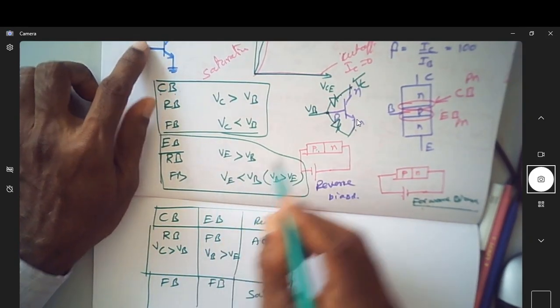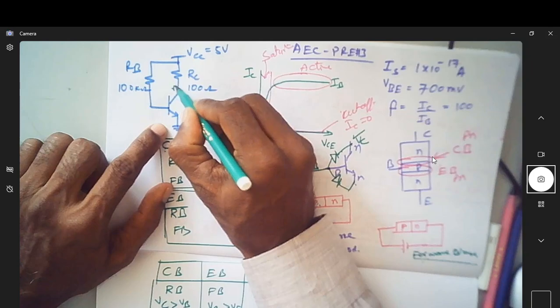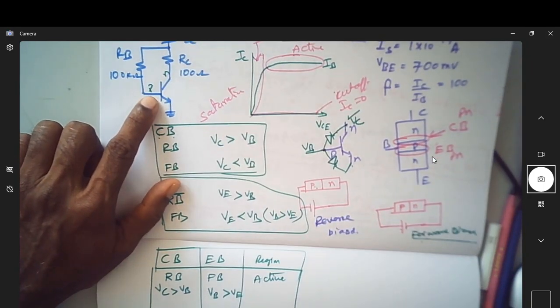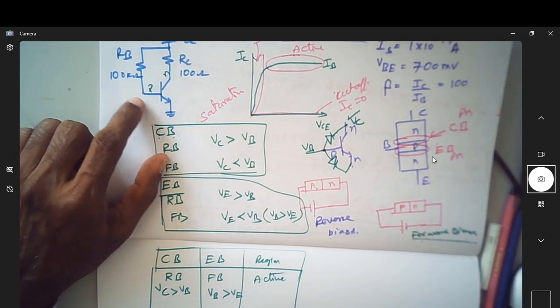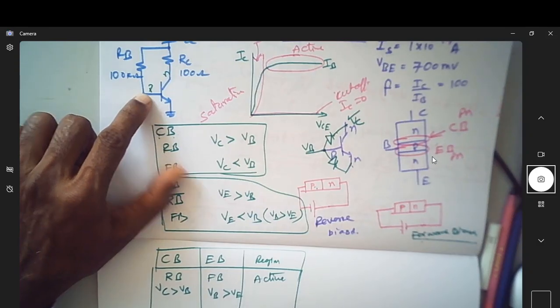Here P should be more. That is, VB is more than VC, or the collector voltage is less than the base voltage, and of course the base voltage has to be more than the emitter voltage. Then it is saturation.